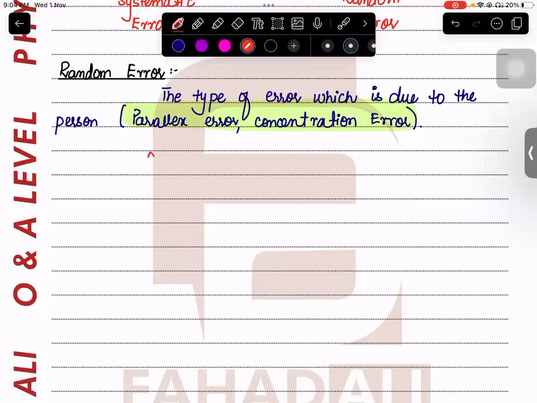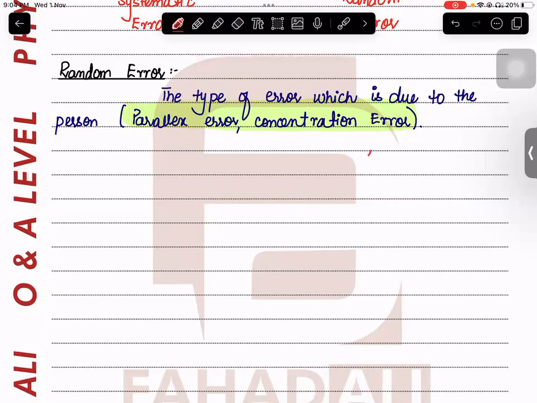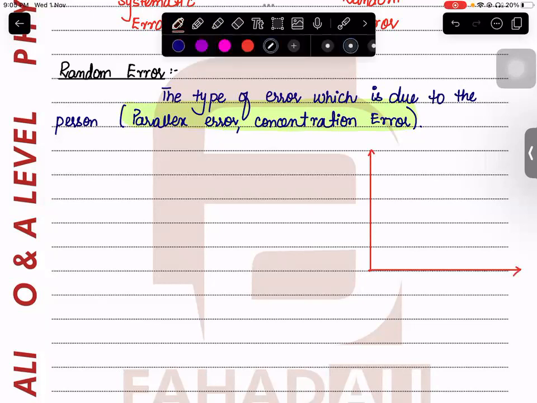What he asks is identification and remedy. Now what is identification? This is your line, and one point on the line and all of them are scattered. So identification is scatter.